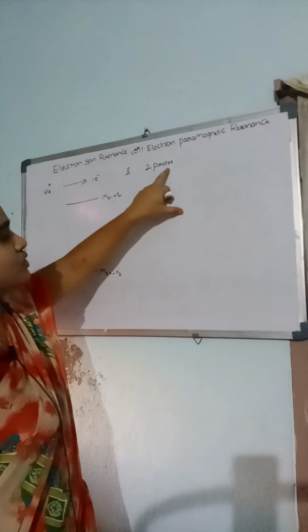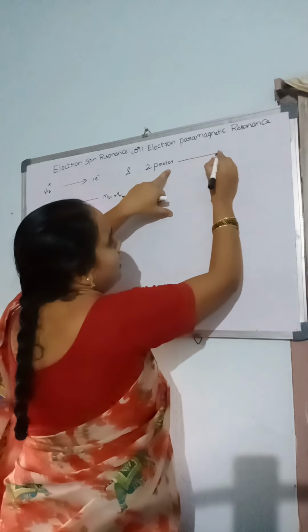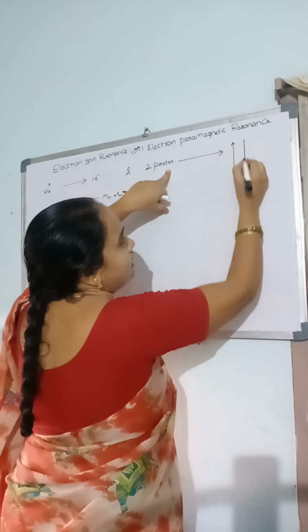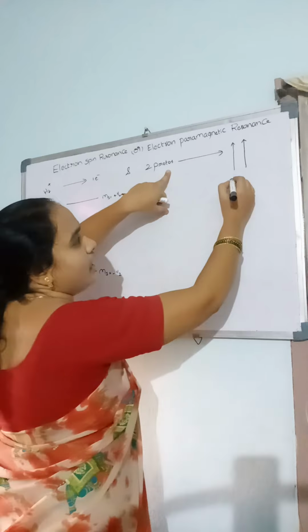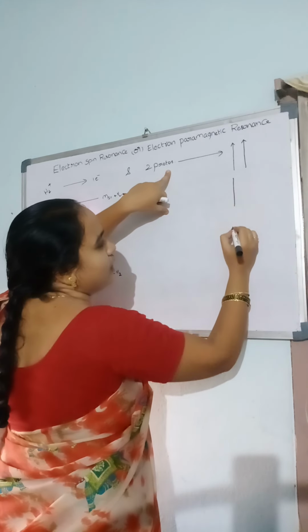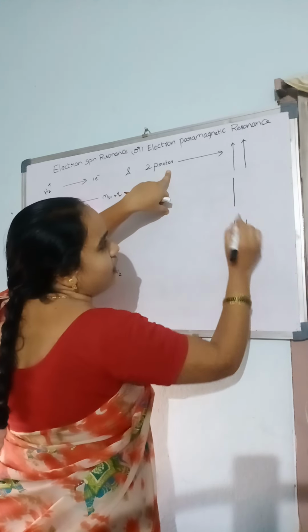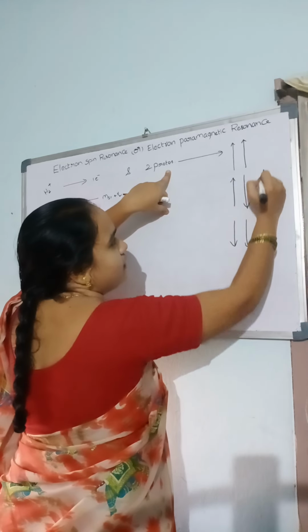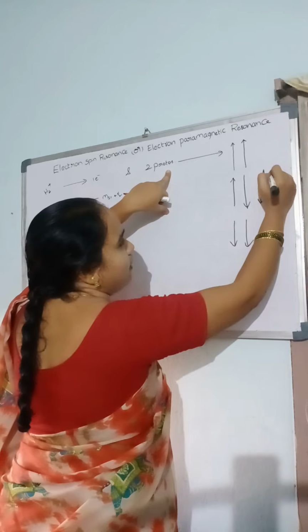But for these two protons, the nuclear spins are oriented in different ways: either two spins are upwards, or two spins are downwards, or one spin is up and the other is down, or one spin is down and the other is up.